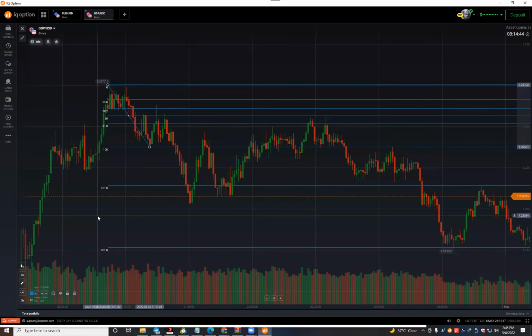When you are in a downtrend, what will you select first? Low. And then you select the high. First of all, you select the low first and then the last high. Okay, so this will be your Fibonacci level.